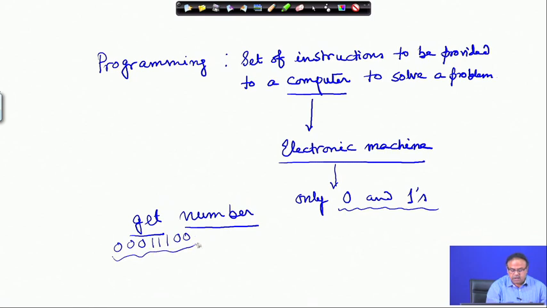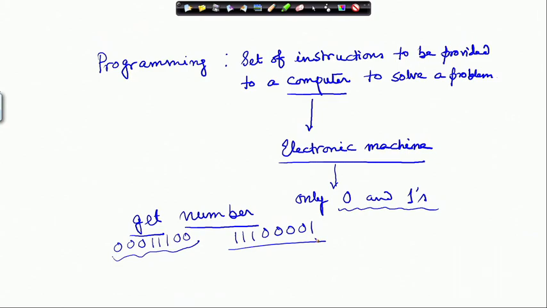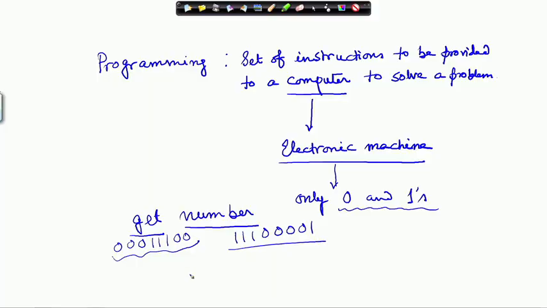Suppose this is representing get, and number can be say 1 1 1 0 0 0 1 0 1, something like that. So, that is a completely different type of expression, not alphabets. So, the way we are writing it here cannot be directly understood by the computer.